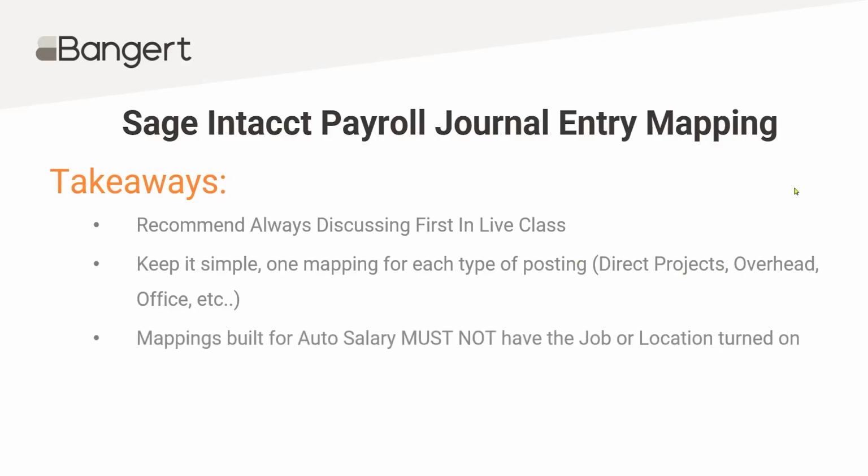If you choose in config, you have the option to set up auto salary, meaning we're not going to put in hours for this individual employee, we just want to generate an auto salary when we process checks. You do have the ability to set up its own separate mapping for that as far as the general ledger goes.